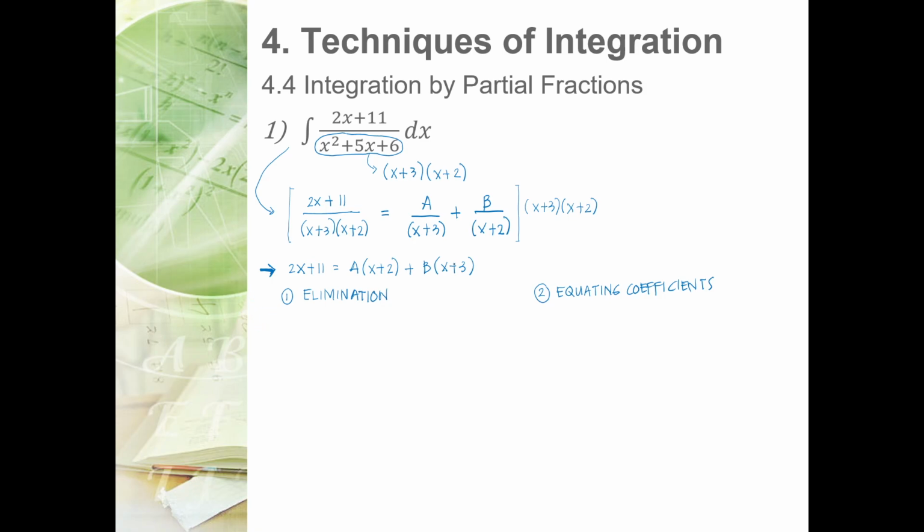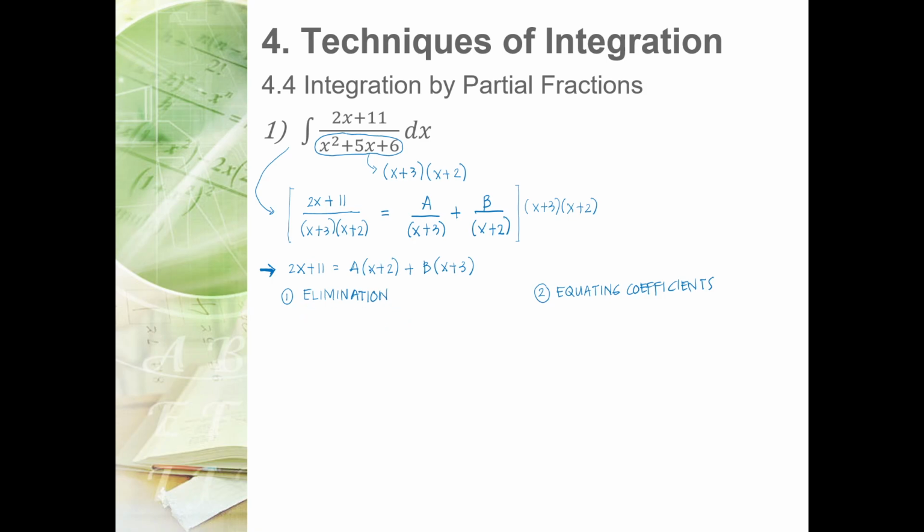So equating coefficients, the advantage of this one is it's applicable with more than 3. It may also be applied with 2 to 3, but it will depend on how you're going to use these methods.